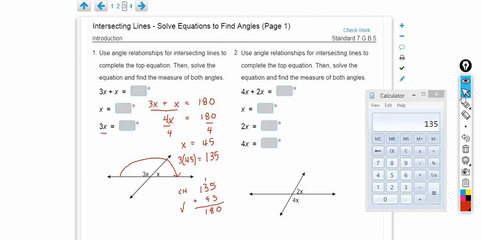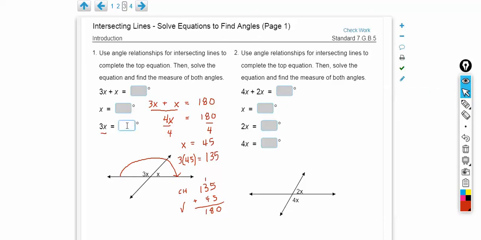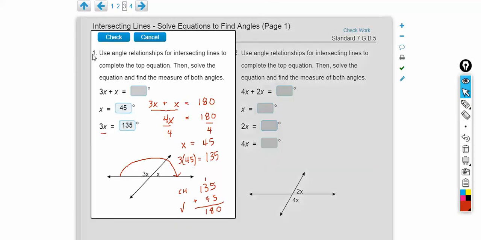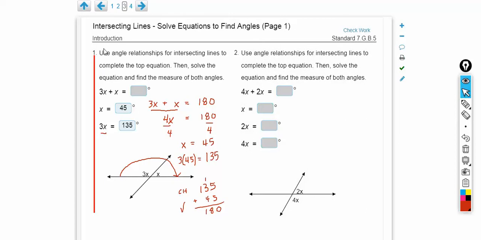So 3x is 135 and x equals 45. Check. And 3x plus x is 180. Alright, looks good. Moving on to the next.